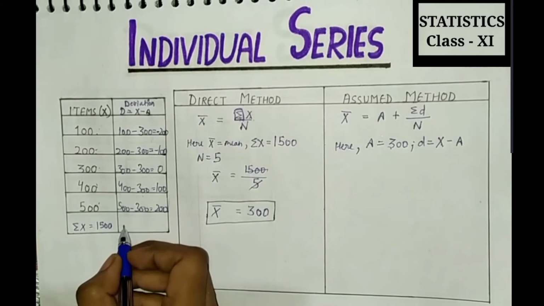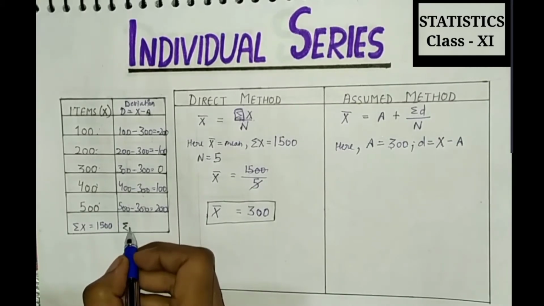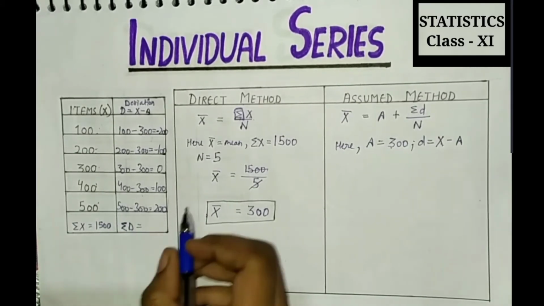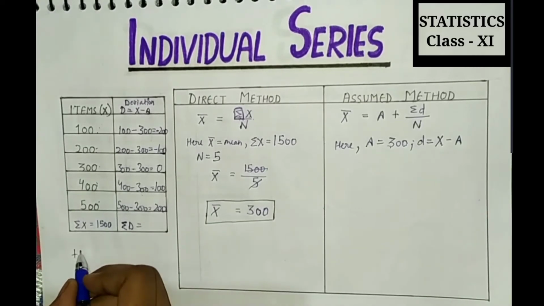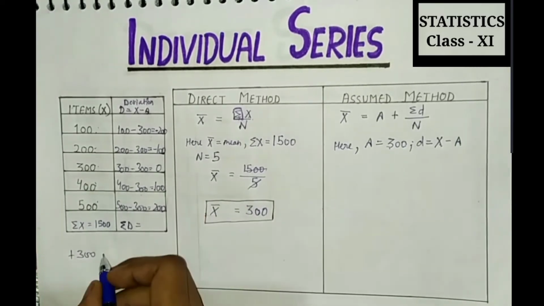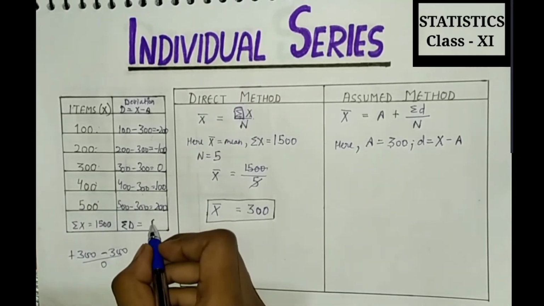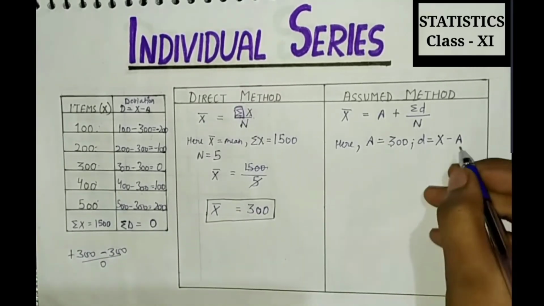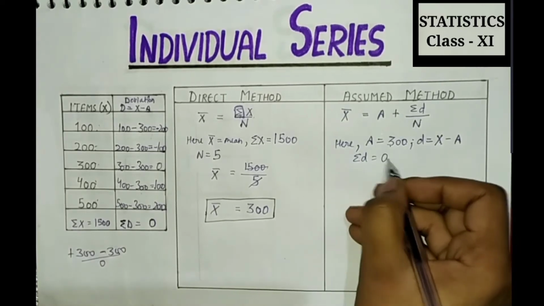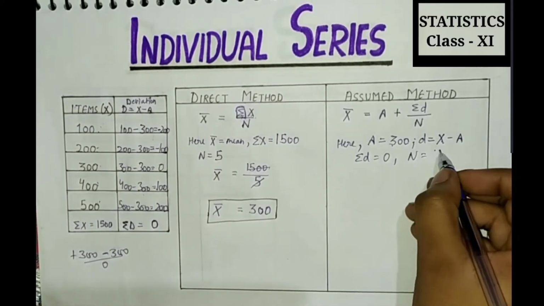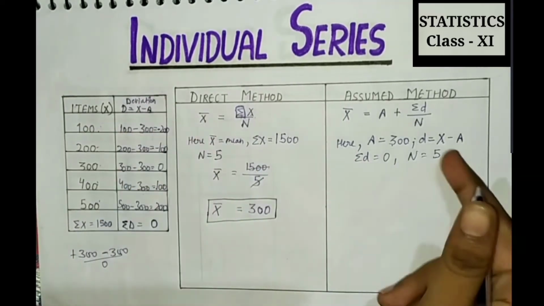So now we calculate the sum, sigma d is equal to minus 200 minus 100 plus 100 plus 200, so this is 0. Our sigma d is 0 and the number of observations is 5.